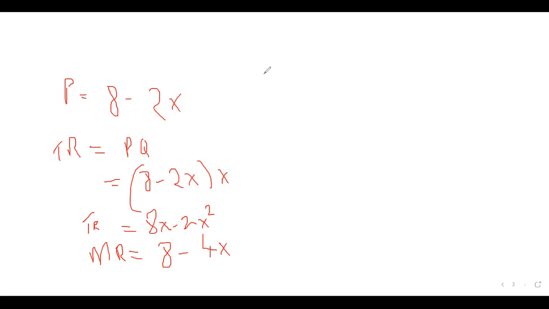You equate it to 0. So 0 is equal to 8 minus 4x. When this one goes to this side, 4x is equal to what? 8. So x is equal to what?